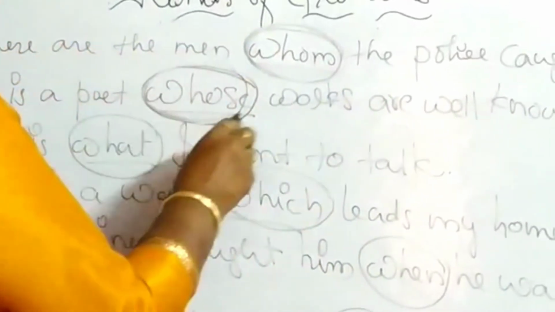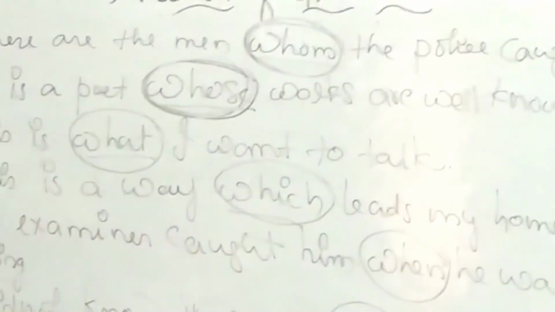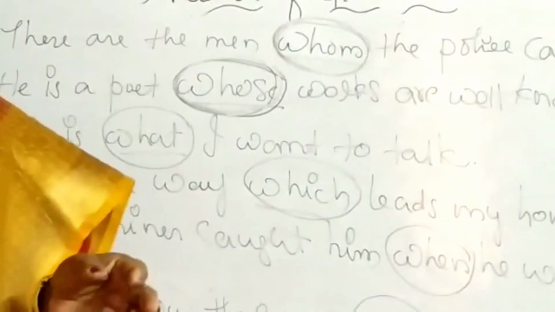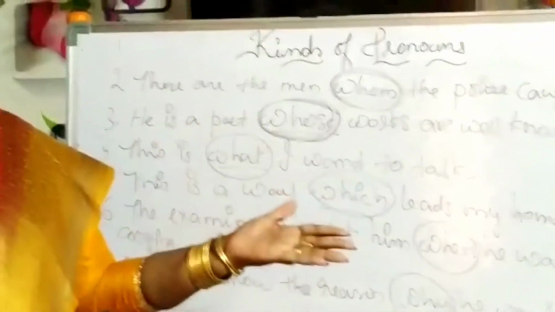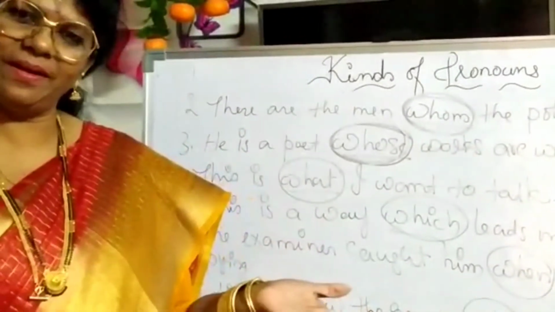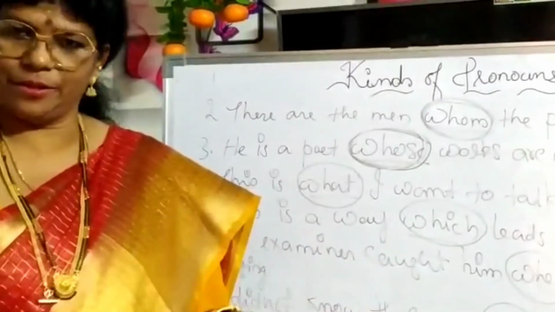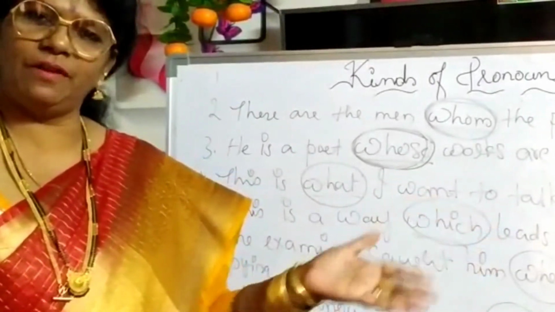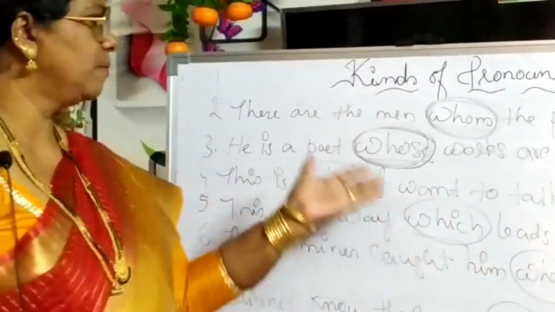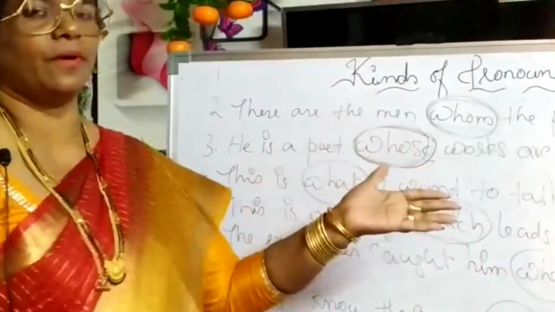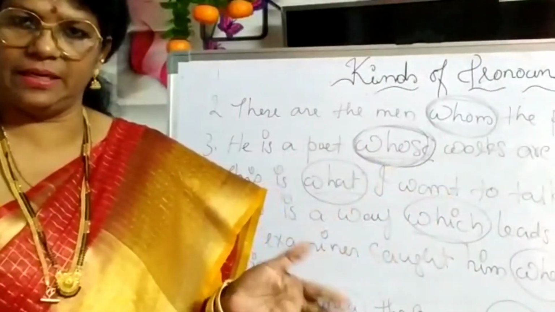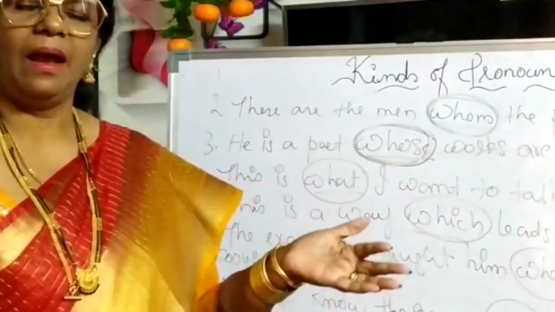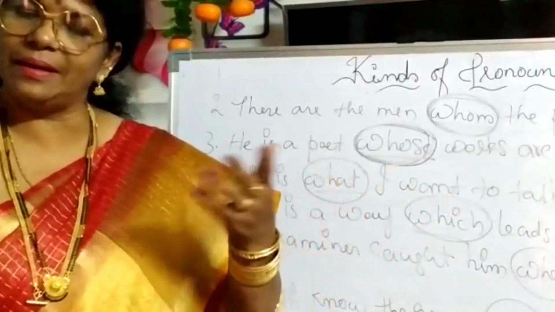So these are all relative pronouns only. There is a slight similarity between interrogative pronoun and relative pronoun. Interrogative pronoun is used at the beginning of the sentence, and relative pronoun we use in the middle of the sentence or the middle of the statement, and it works as a conjunction does.